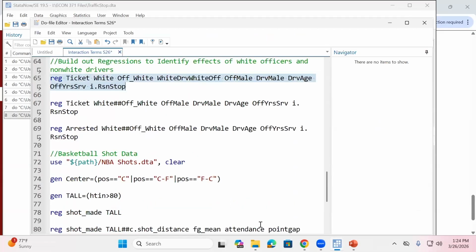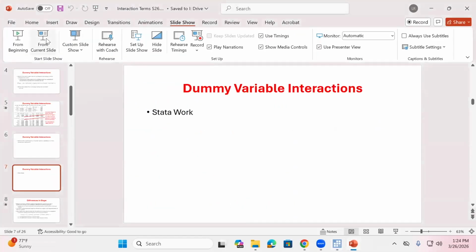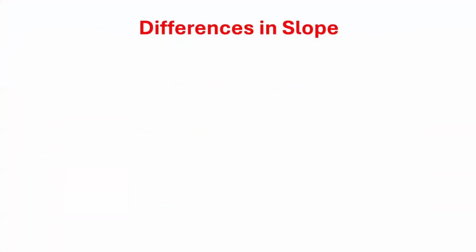Yeah, so the next thing that we're going to look at is I can do these interaction terms. When I was saying that we were doing this with dummy, yeah, sorry. So you said it's non-white officer, white driver, right? In the first one. So if that other variable can exist, right? We had white driver, white officer, right?